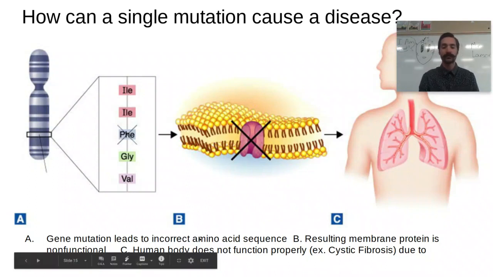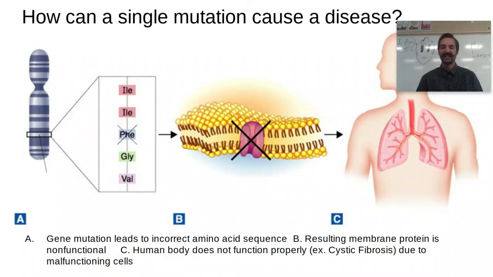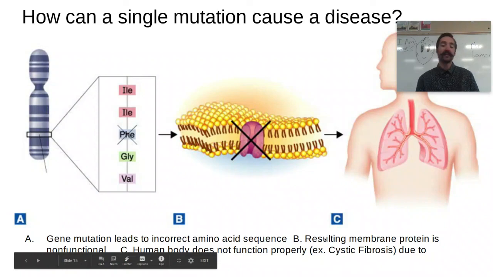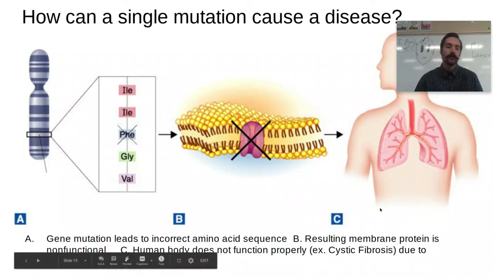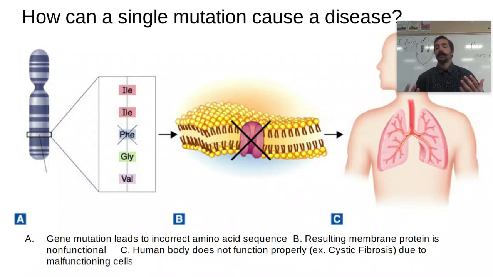Once you have that incorrect amino acid sequence, the protein that amino acid sequence creates, such as a membrane protein, doesn't work correctly. Since that protein doesn't work correctly, it could lead to a whole set of cells working incorrectly and can even cause genetic disorders such as cystic fibrosis. So that is basically how genetic disorders can come along.